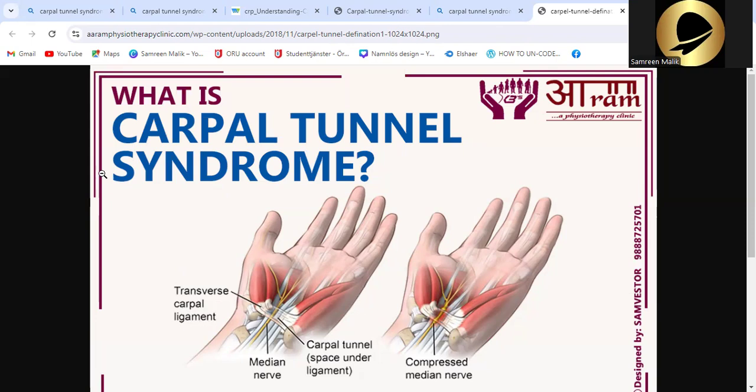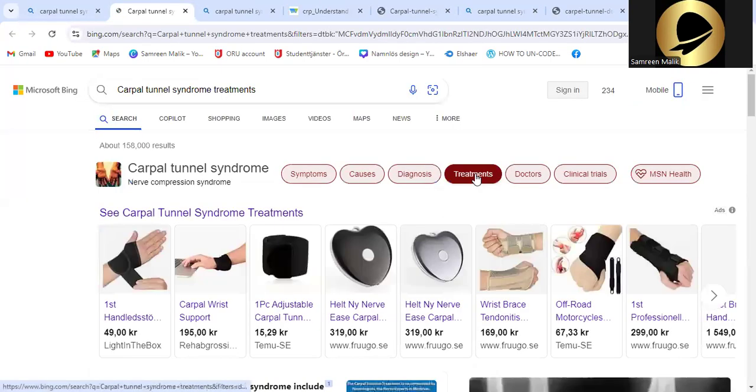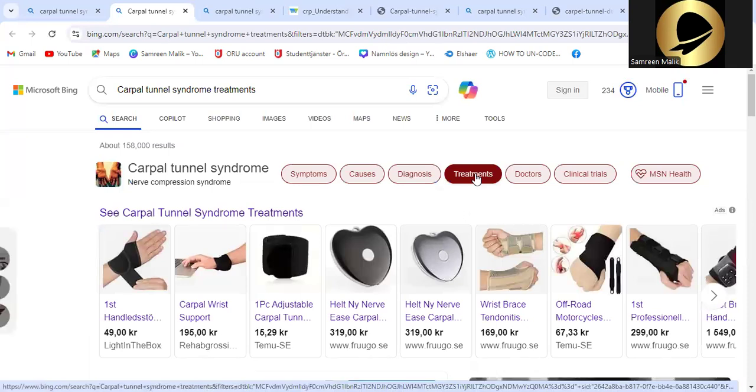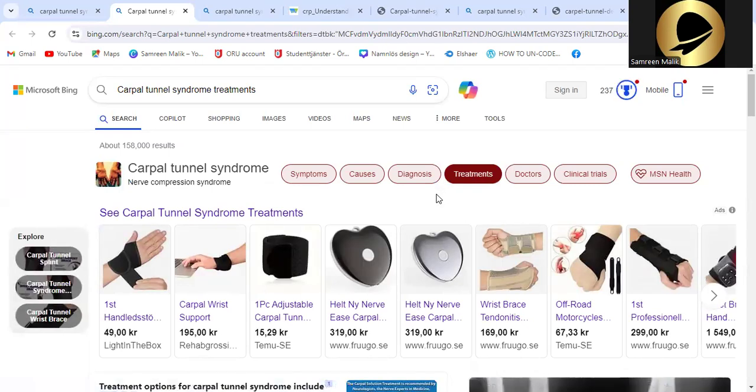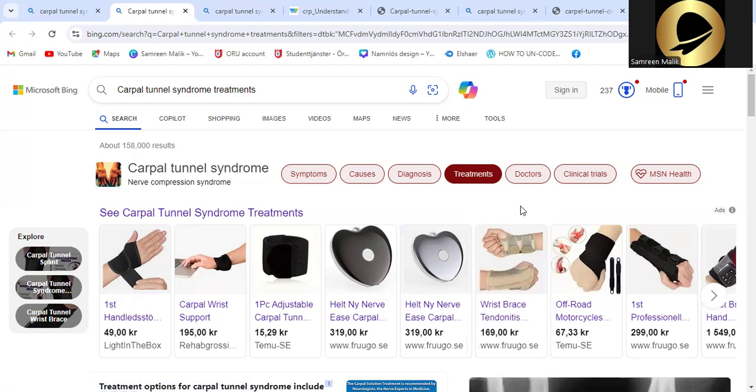Let me tell you about the treatment. Treatment is simple. You first of all try to treat with steroids. If it doesn't get better, then steroid injections. If it doesn't get better, maybe you can try splints. These are called wrist splints.